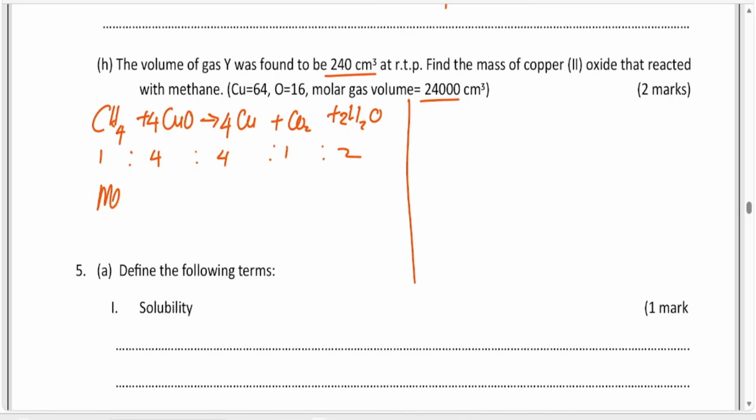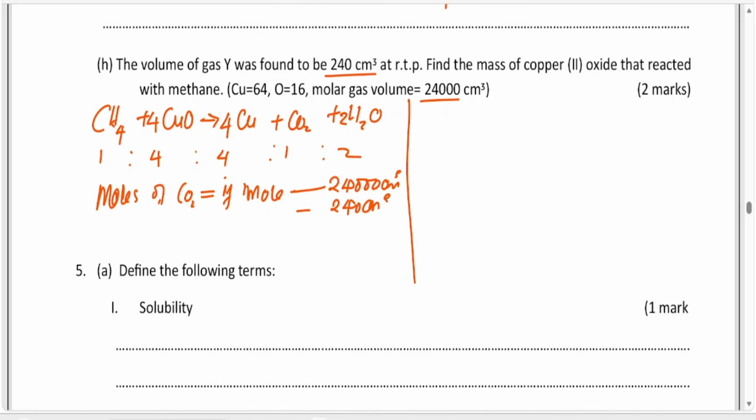So moles of carbon dioxide formed, we ask ourselves if 1 mole of carbon dioxide is in 24,000 cubic centimeters, then what about the 240 cubic centimeters.